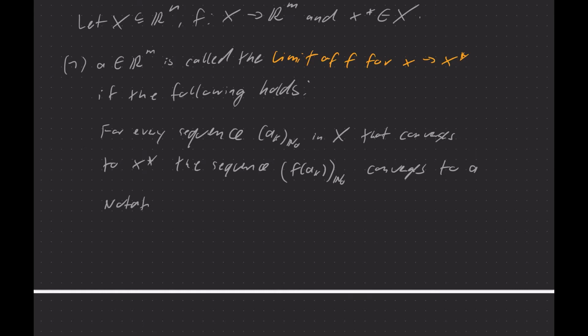Okay, the notation is the same as in one dimension, so we just denote this by limit of f of x as x tends to x star equals a.